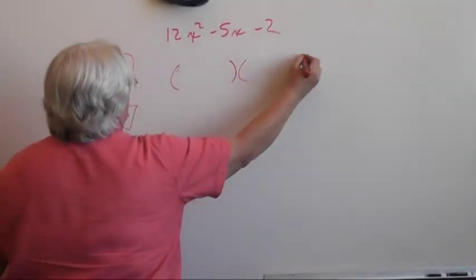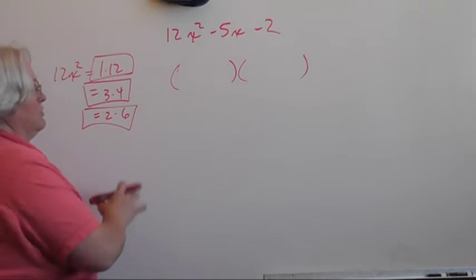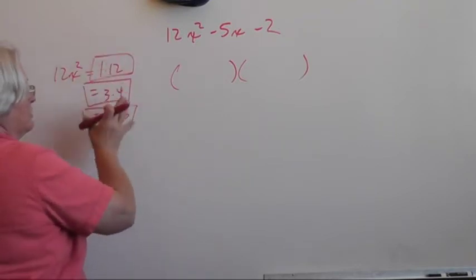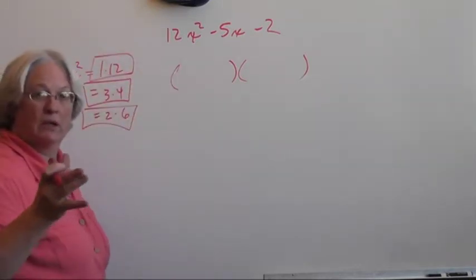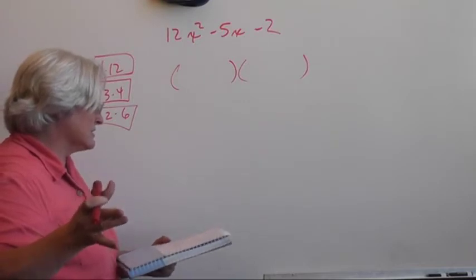So we're just going to go ahead and pick some random pair of factorings for our binomials. So you could pick x and 12x, you could put 3x and 4x, you could pick 2x and 6x.